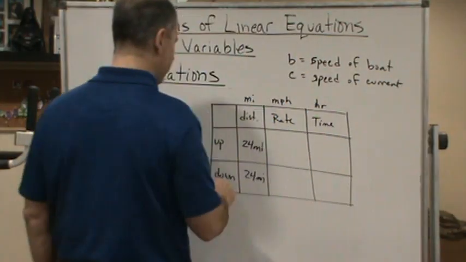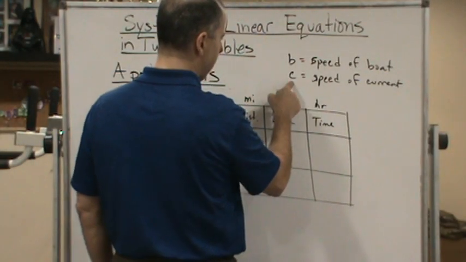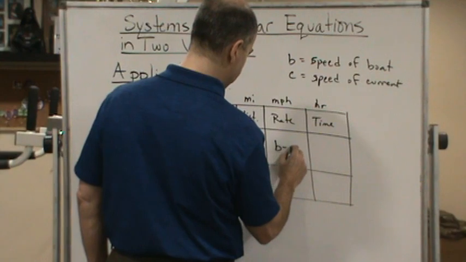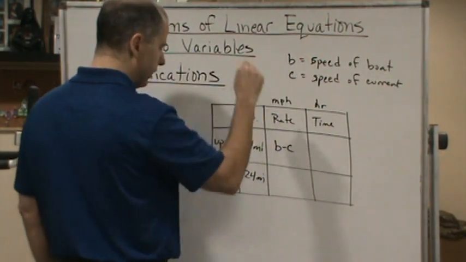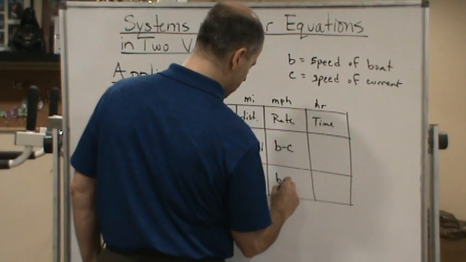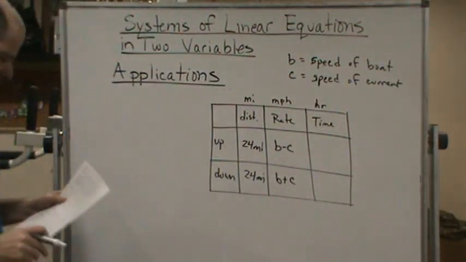Okay. Now, if you're going upstream, it's going to be the speed of the boat minus the speed of the current because it's going against you. So it's going to be B minus C. When you're going downstream, it's going to be with you, so it's adding to your speed, so it's going to be B plus C. Okay.